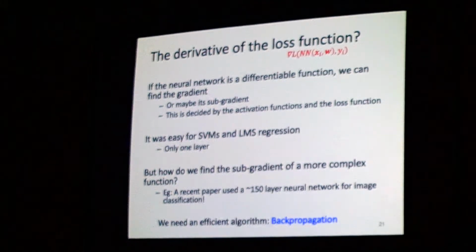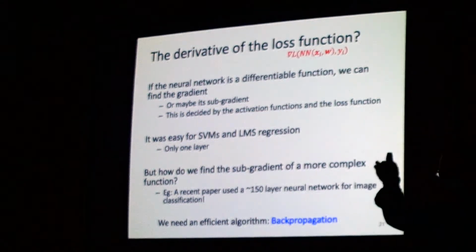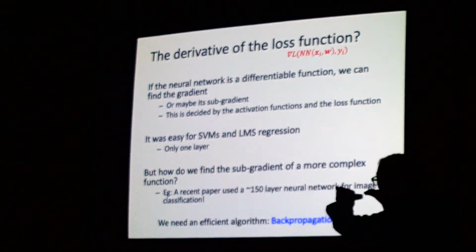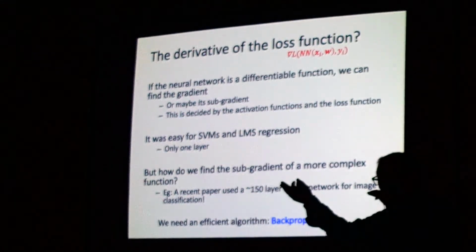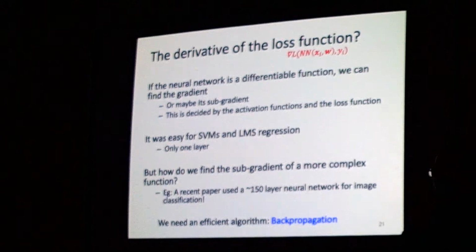That's why it's called backpropagation. When we do the forward pass, when we do the prediction, the order to calculate neurons is from the input layer to the output layer, so it's called forward pass. When you calculate the gradient, the order is from the output layer to the input layer. That is why it's called backpropagation.